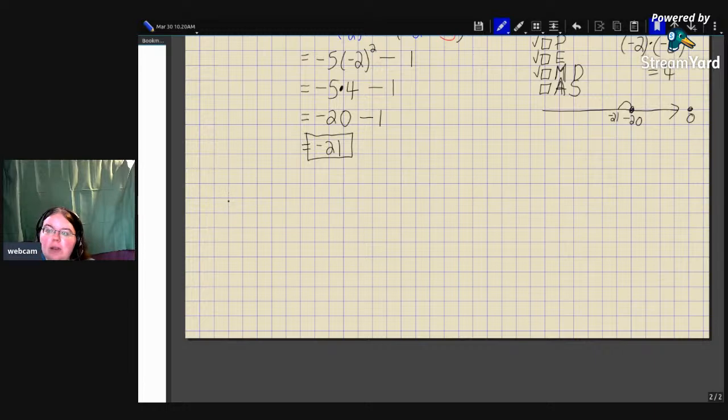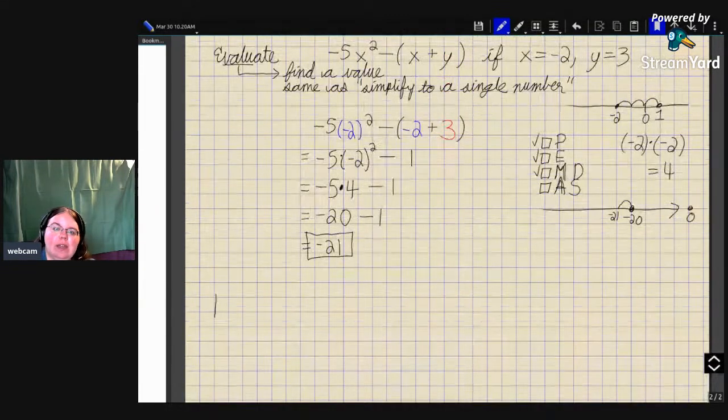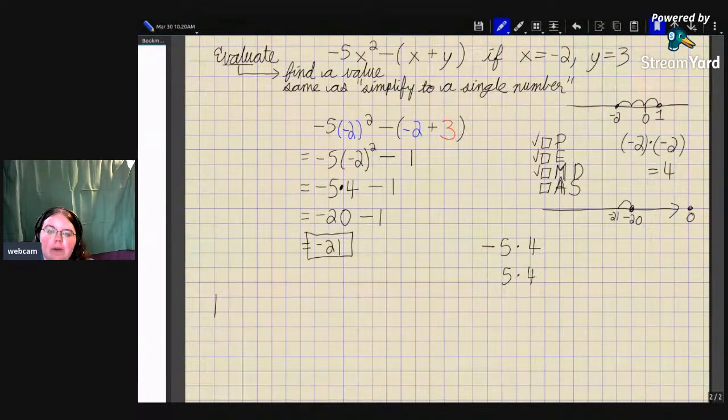Okay, so this next one has an absolute value in it. We've been using absolute value a little bit as we've gone along, like when we said -5 times 4, we used the absolute values, 5 and 4, to get 20.